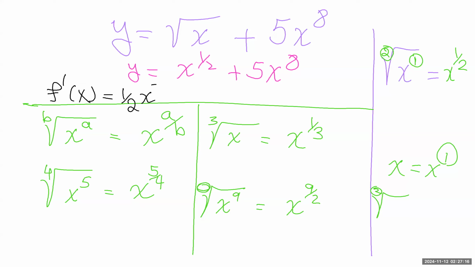Yes, so half minus 1 is going to be negative half. Continue. Plus what? Plus 5 times 8, which is going to be 40, x power 7. Yes, perfect, brilliant. So this one will be x power 7. Is it clear? Clear, yes. Okay. Just a second.